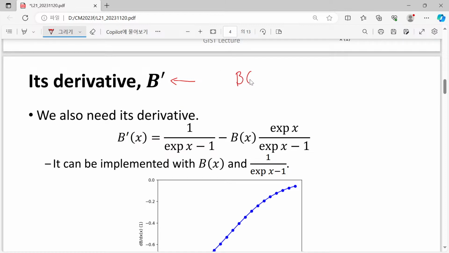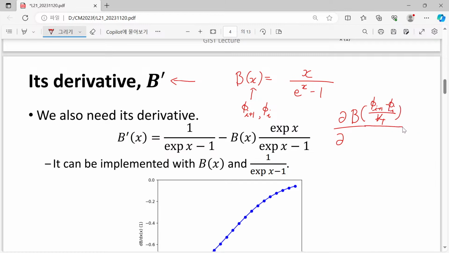Here we have the Bernoulli function, given once again by x over exponential x minus 1, and please note that this is a function of phi I plus 1 and phi I. Say we take a partial derivative of, for example, Vt times phi I plus 1 minus phi I. Then what we can do is take the partial derivative of this function with respect to this input argument.